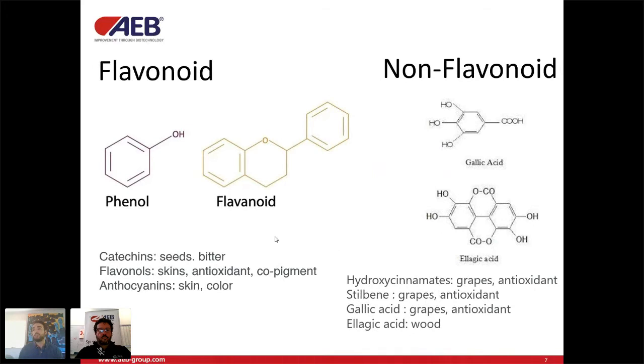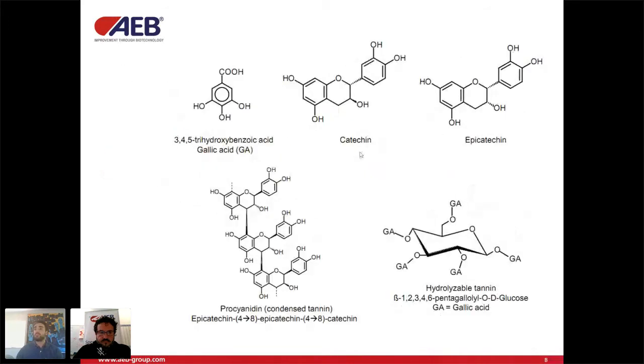And the non-flavonoids, which can be present in the grapes, but not only. They can come from the wood too. And these simple compounds can be present in a monomeric form or can be present in a polymeric form. And this polymeric form is responsible for the structure, for the astringency and the bitterness that you can find in wines.